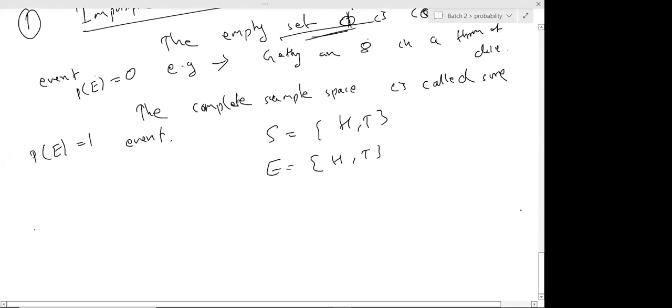Write down simple events. Another type is simple event and compound events.